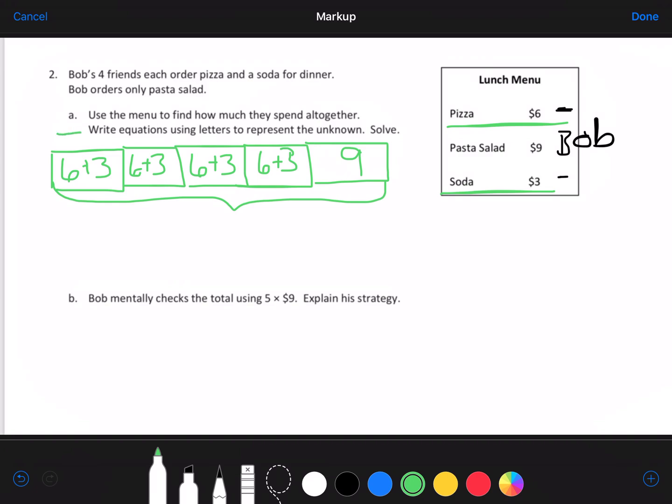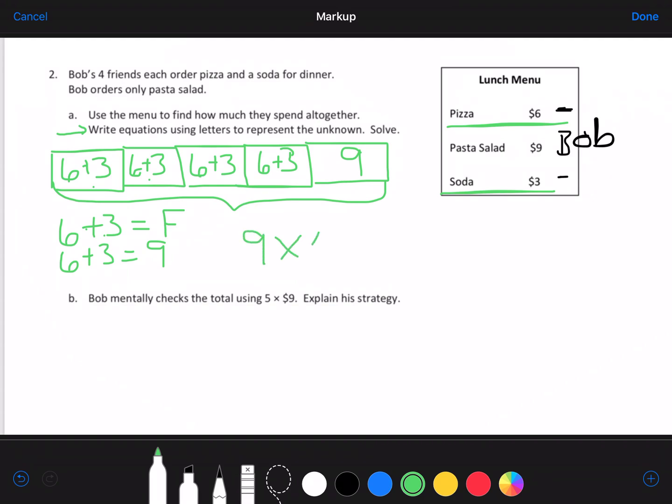It says I need to write an equation using letters to represent the unknown. So we could do 6 plus 3 equals, I'm going to do an F for the friends total. And so 6 plus 3 equals 9, right? But then we need 9 times 4 because we have 4 friends.